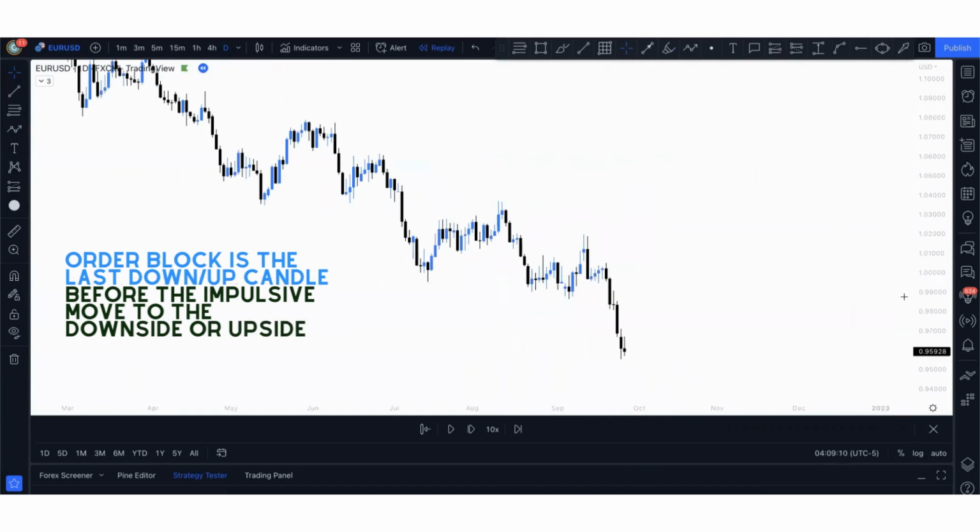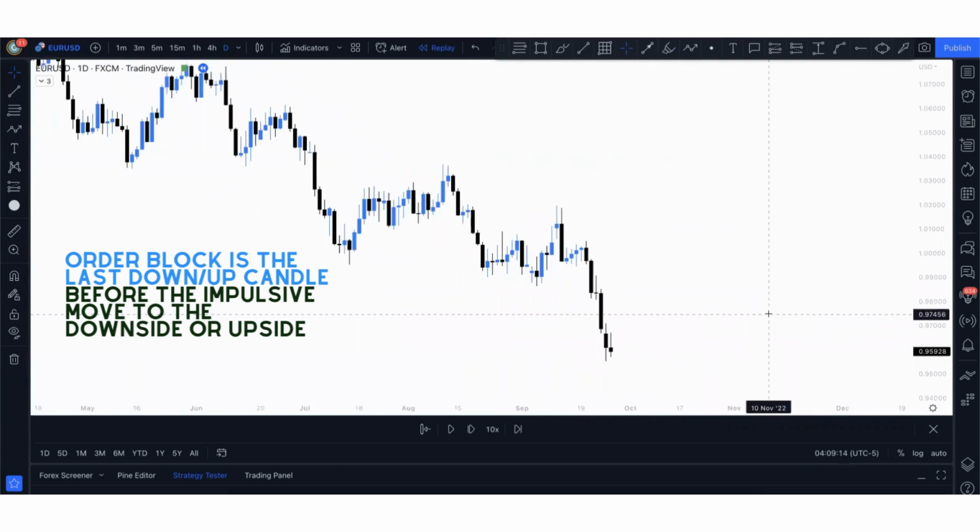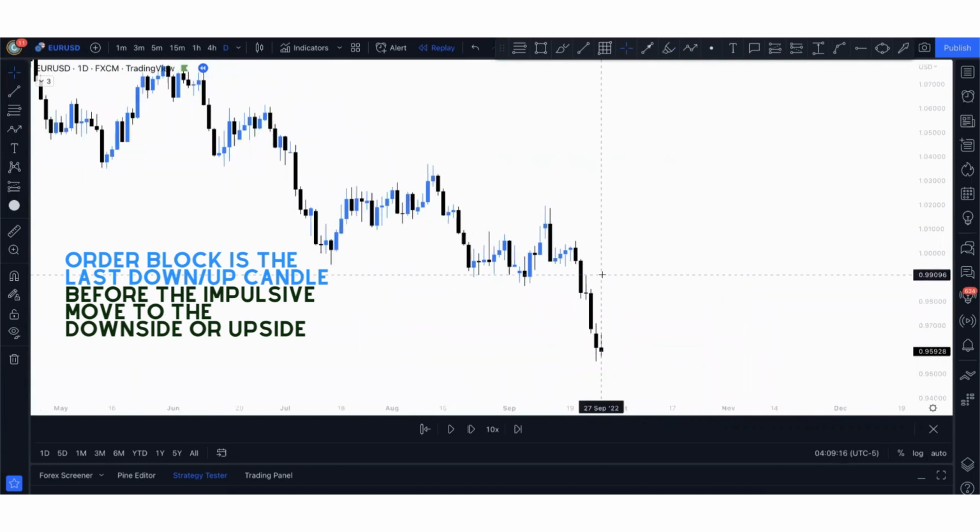So you can see here, I want to highlight the example. This one is the last up candle, right, that caused this break. This here is the recent low. So this low was broken by this move, right?